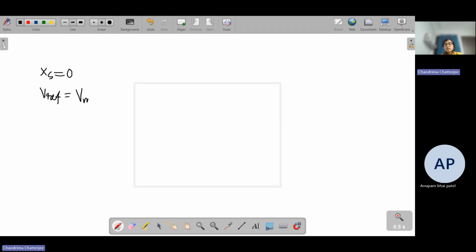That means when delta equal to 60 degree, that we solved in the first question. That we already found out. That was 0.957 per unit.